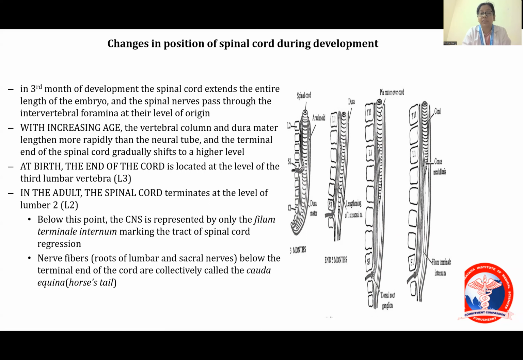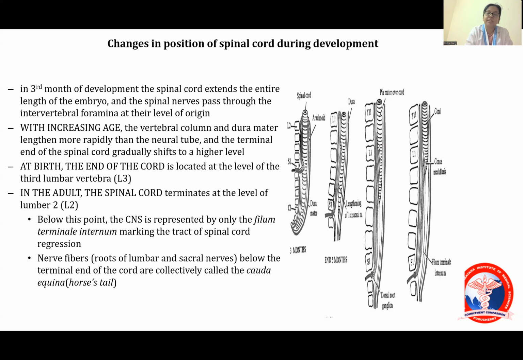But with increasing age, the vertebral column and dura mater lengthen more quickly than the neural tube itself, and the terminal end of the spinal cord gradually shifts to a higher level than the vertebral column. So at birth, the end of the cord is at the level of the L3 vertebra, whereas in adults, the cord ends at the level of the L1 to L2 vertebra.